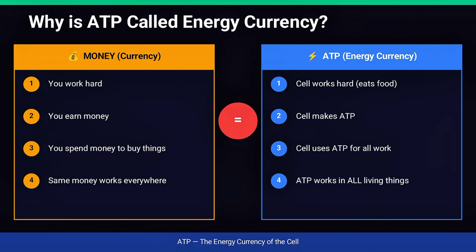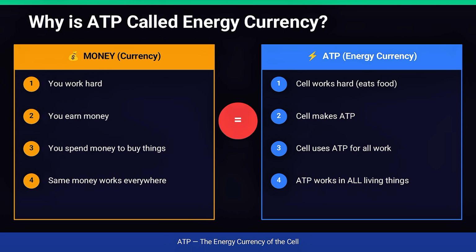Now students, you must be wondering, why do we call ATP the energy currency of the cell? Let me explain with a very simple example. Think about money. You work hard, you earn money, and then you use that money to buy food, clothes, pay bills, whatever you need. Now in the same way, our body works hard, breaks down food like glucose and stores that energy in ATP.